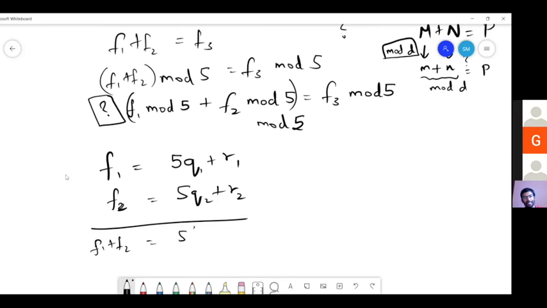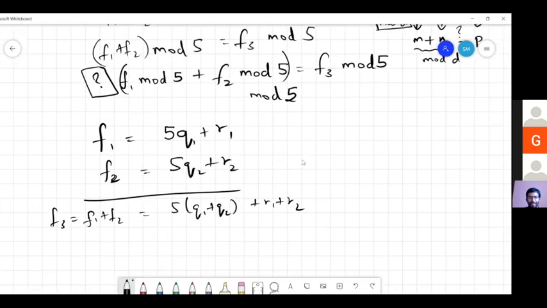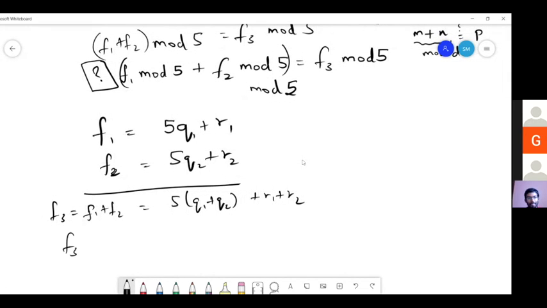F1 plus F2 is 5 times (Q1 plus Q2) plus R1 plus R2. Now F1 plus F2 is F3. So if you take mod on both sides, that will give you F3 mod 5 equal to (R1 plus R2) mod 5. So this is the proof, right?